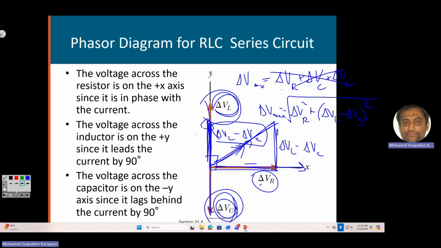So it's like treating them like vectors, one along the y-axis, the other along the x-axis.